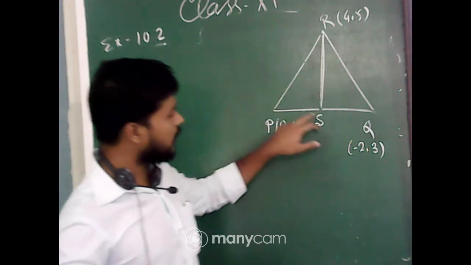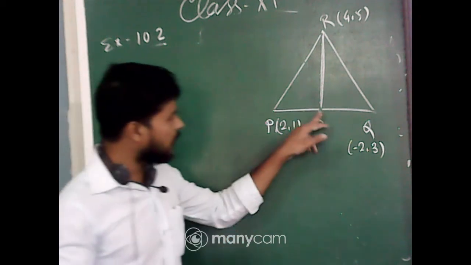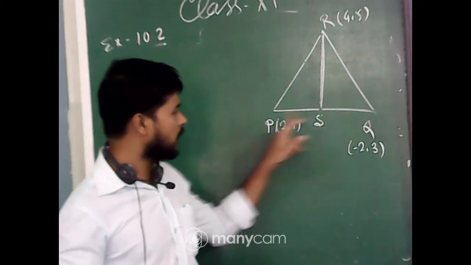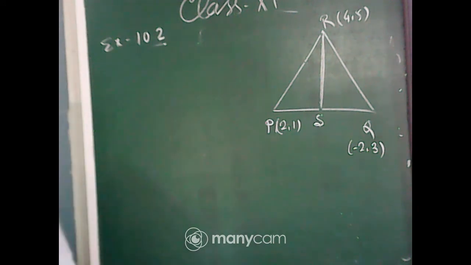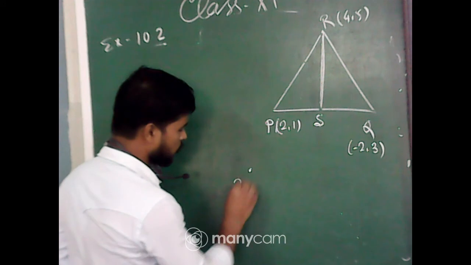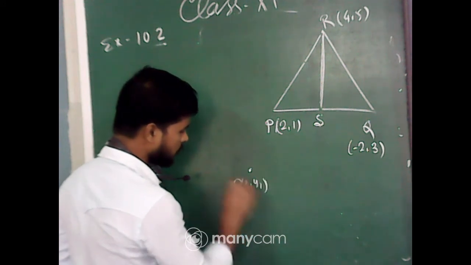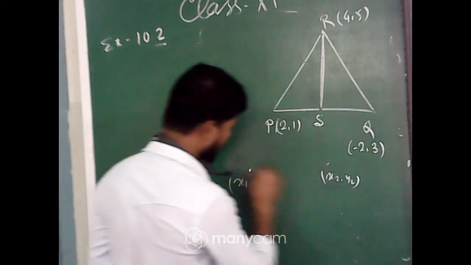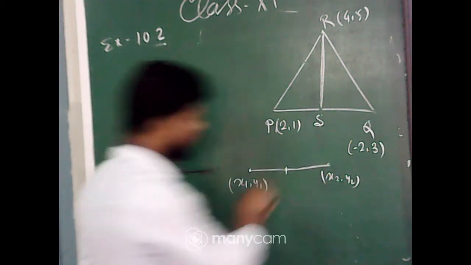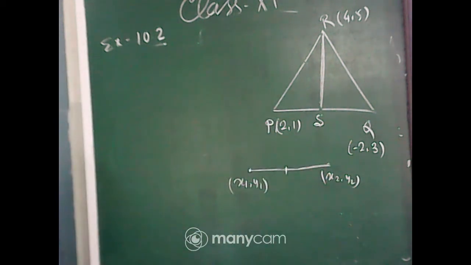If RS is the median, then S will be the midpoint of the side PQ. Now tell me, do you know how to find the midpoint of the line joining two points? Suppose one point is (x1, y1) and another point is (x2, y2). How do we find the midpoint of the line joining these two points? Do you know the formula?